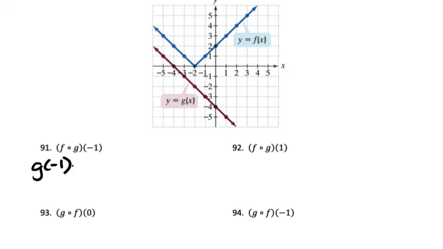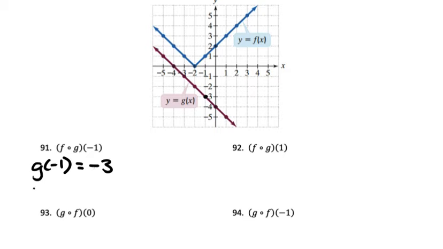Now this time I'm not plugging into an equation, I'm using the graph to find the value. So negative 1 is x. I find what the g function is. The y coordinate of that is negative 3. So go to negative 1 on the x-axis, go either up or down to the g function, in this case it's down, and the y coordinate of the g function is negative 3.